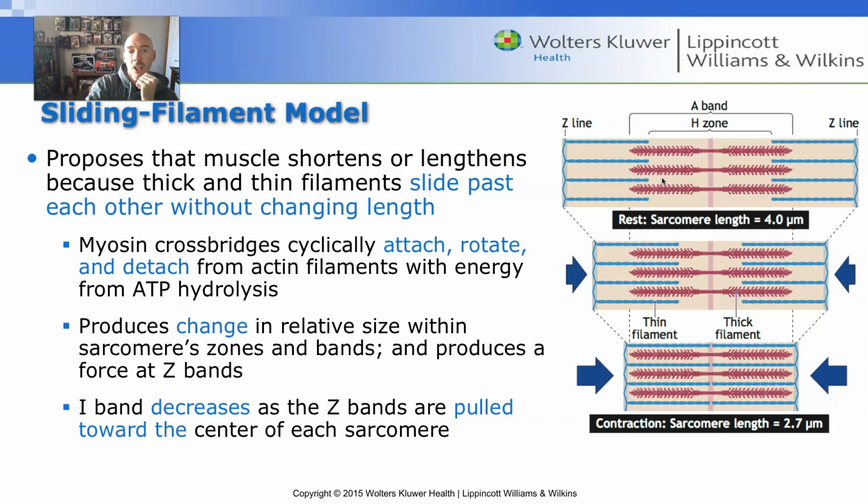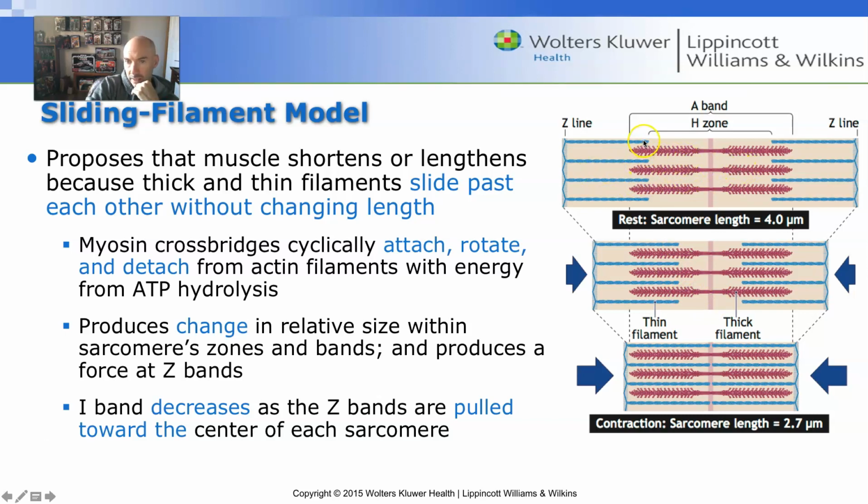So these myosin cross bridges cyclically attach, rotate, and detach, and pull the Z discs closer together during contraction. And then when they detach, all of them detach simultaneously. That allows the Z disc to move back into resting position. So this picture here indicates what a resting sarcomere looks like.